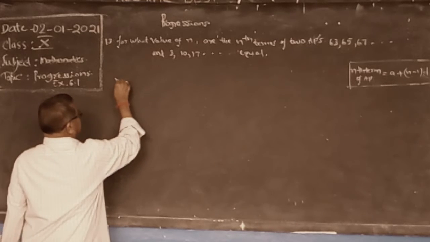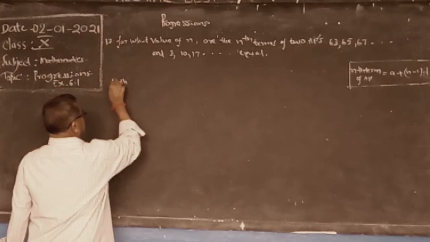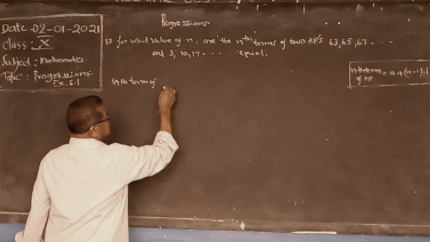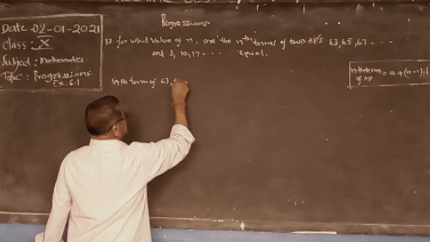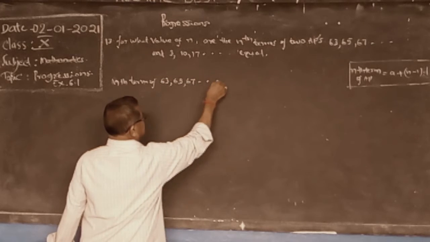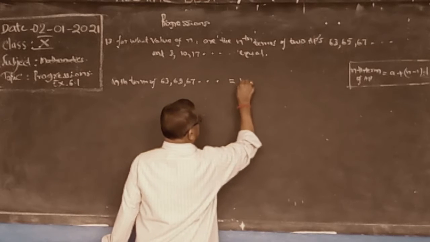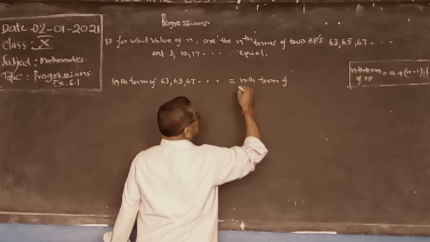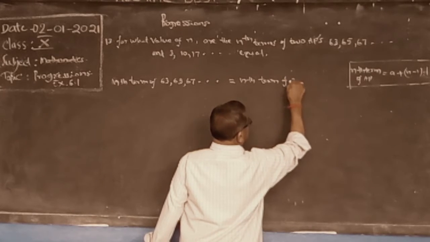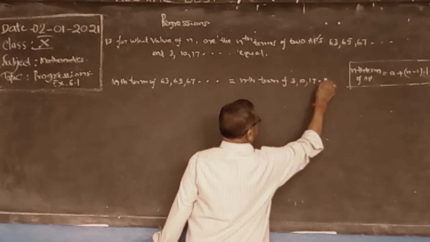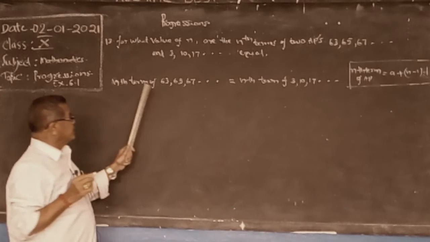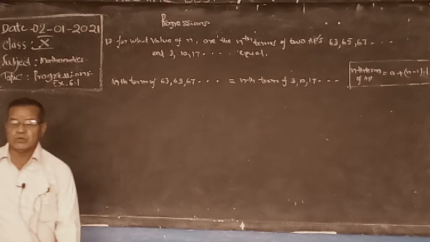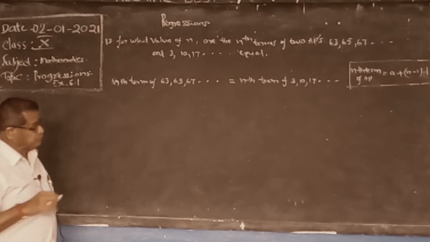The nth term of 63, 65, 67 is equal to the nth term of 3, 10, 17. We have to find the nth term of this and the nth term of this. Both are equal, so we have to equate them to get the n value.